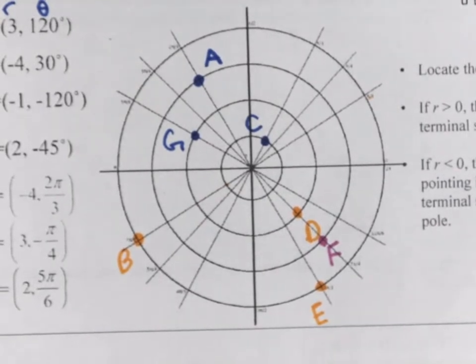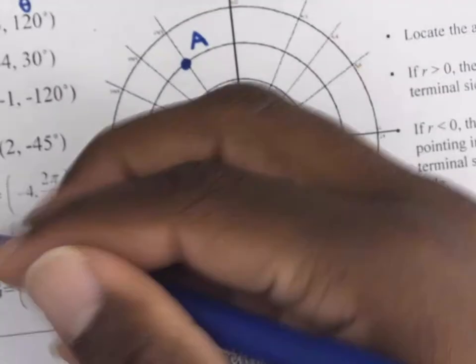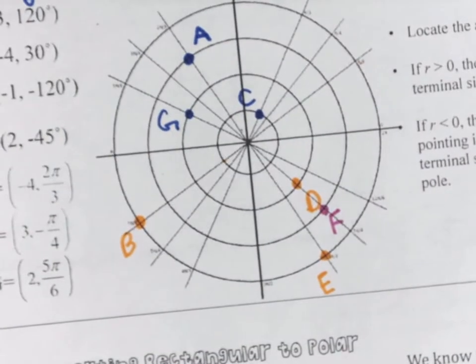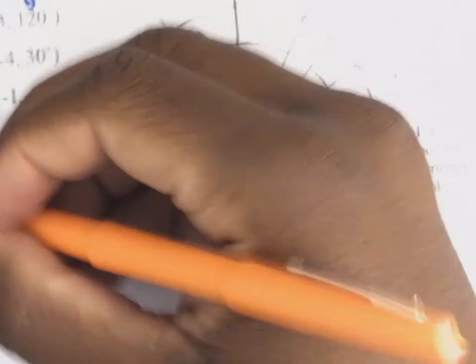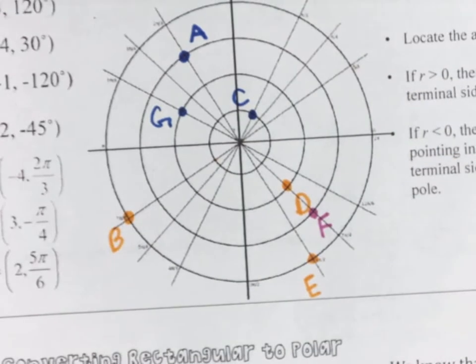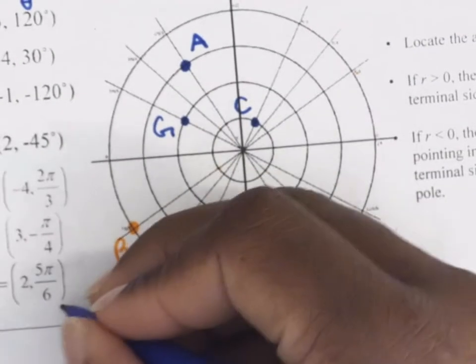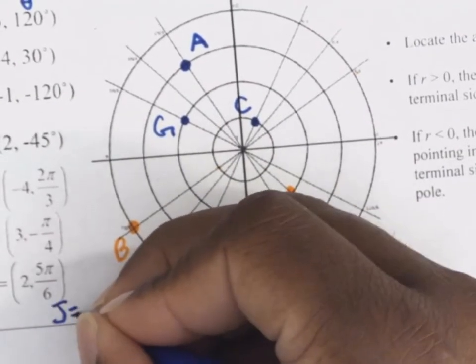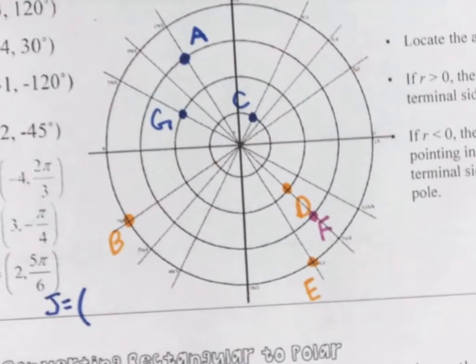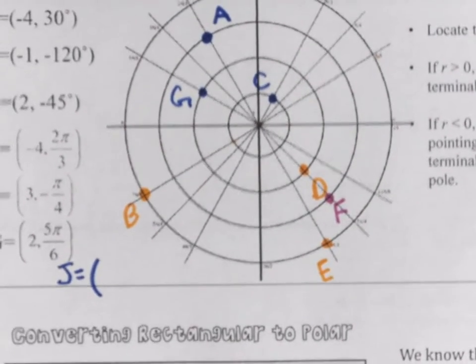J? I like J. Man, J's a great letter. Especially if your name is Josh. Oh, my name is Josh. Maybe that's why I like it. I didn't think about that. Yeah, my middle name, that's what I go by.